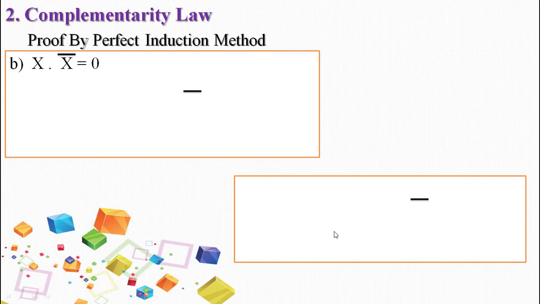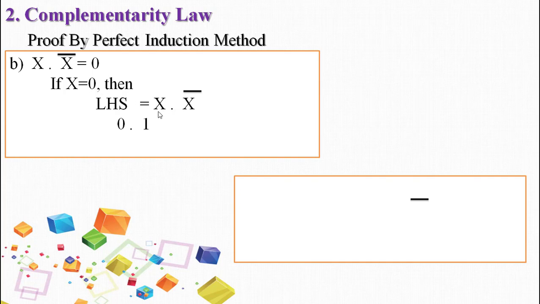Now we will go to the second complementarity law. If a variable is multiplied by its complement, it produces 0. Then we will assume the value of x is equal to 0, and we will take the left hand side, that is x into x bar, substitute the value of x as 0 and x bar as 1.